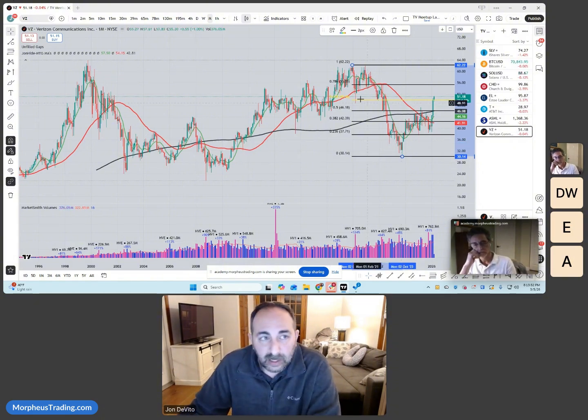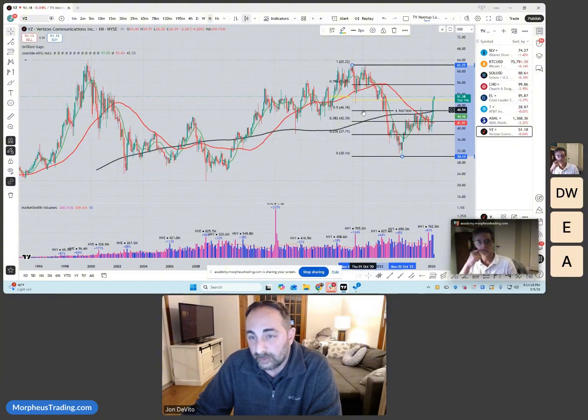But if you can see, I pulled that on the monthly, and look at the zone, the 50% zone. At your 50% fib, you have a level that it hit already. It's at the 200, and you have all of these lines here, all of these lows and highs in that general area.